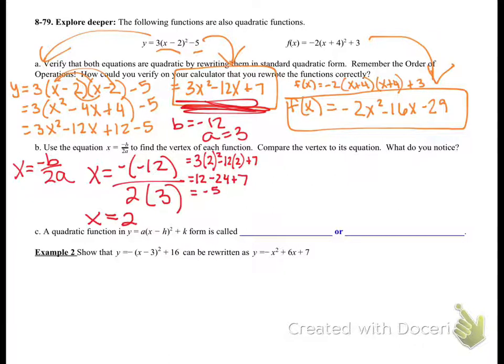So using my vertex formula, I found that the vertex for this first one was 2, negative 5. I'll do that same thing on my next problem. I'll do that one in blue.